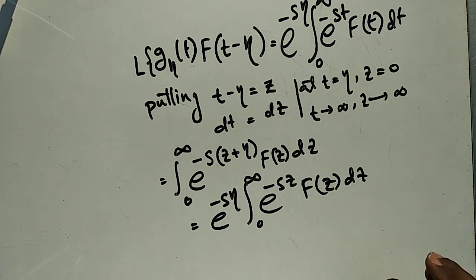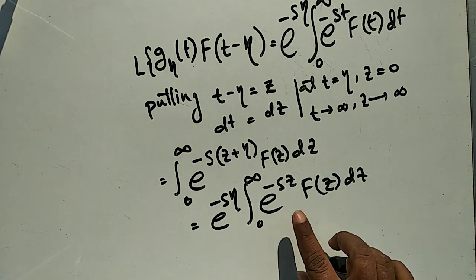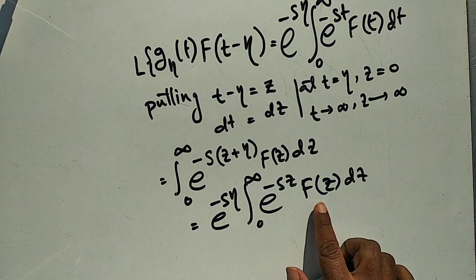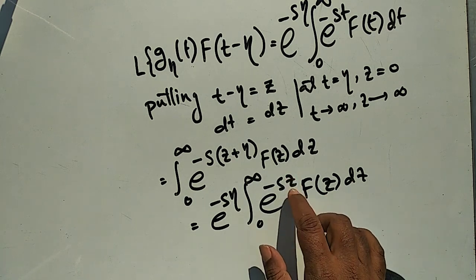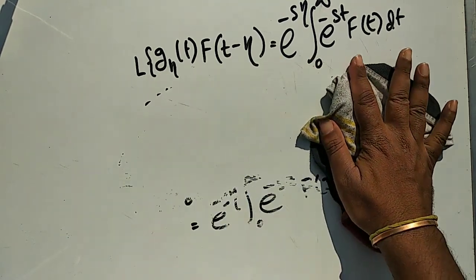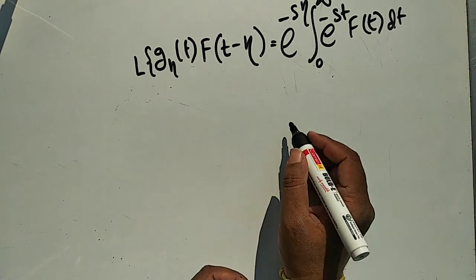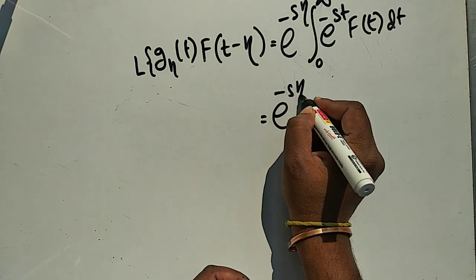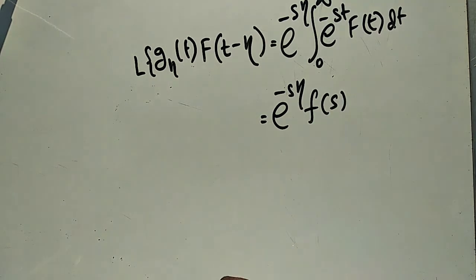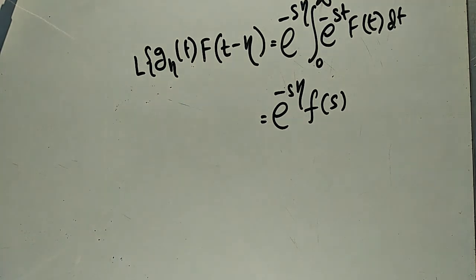Because in a definite integral, this is a dummy argument, so we can replace z with t, using the substitution z equal to t. Now what is this? This is nothing but F(s). So the proof is very easy. The Laplace transformation of this translated function is e to the power minus s eta F(s).